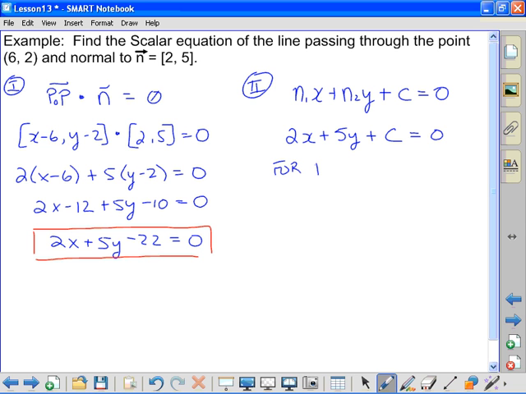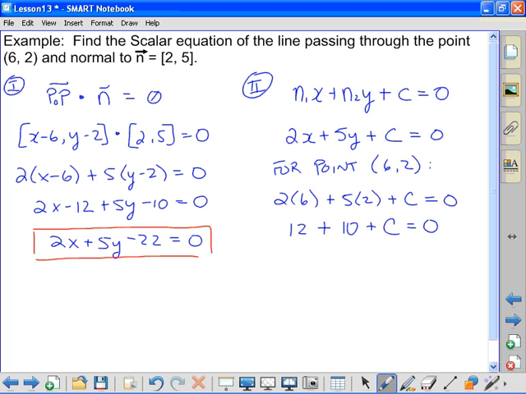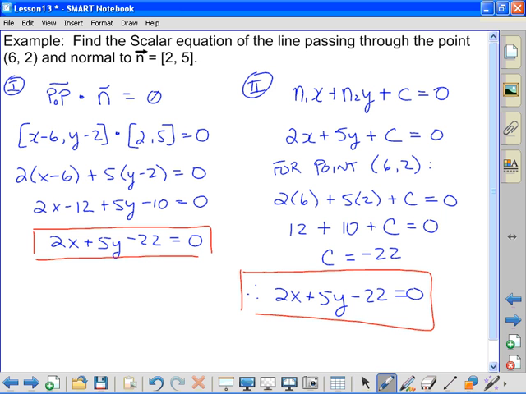So for the point (6, 2), we substitute in the value. 2 times 6 plus 5 times 2 plus c equals 0. And now we're just solving for c. So 12 plus 10 plus c equals 0. C then equals negative 22. So therefore 2x plus 5y minus 22 equals 0.